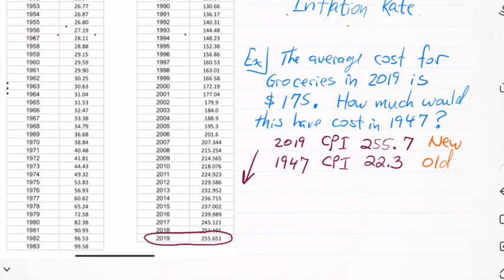So when I do new minus old over old, I'm going to indicate inflation with an I. We're going to get 255.7 minus 22.3, all divided by the old, which is 22.3.